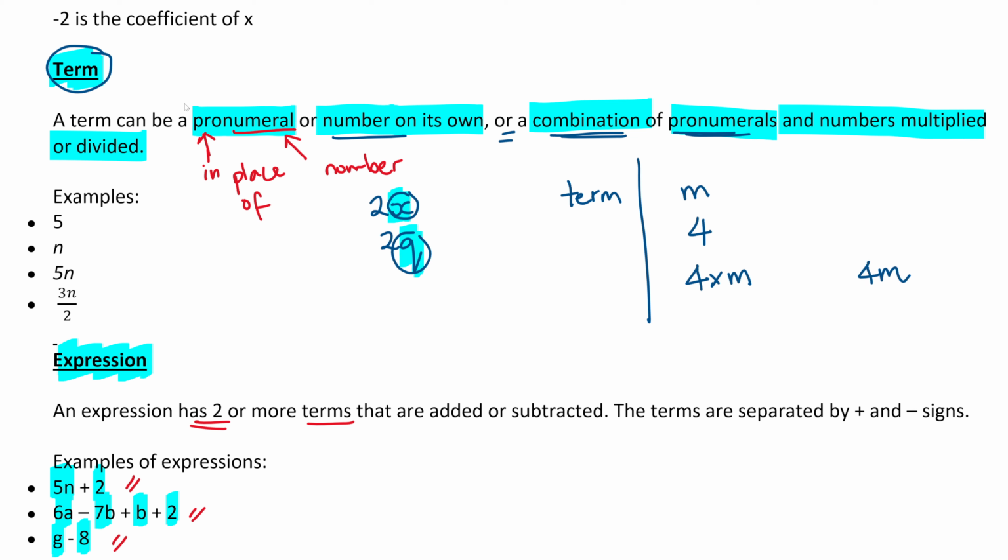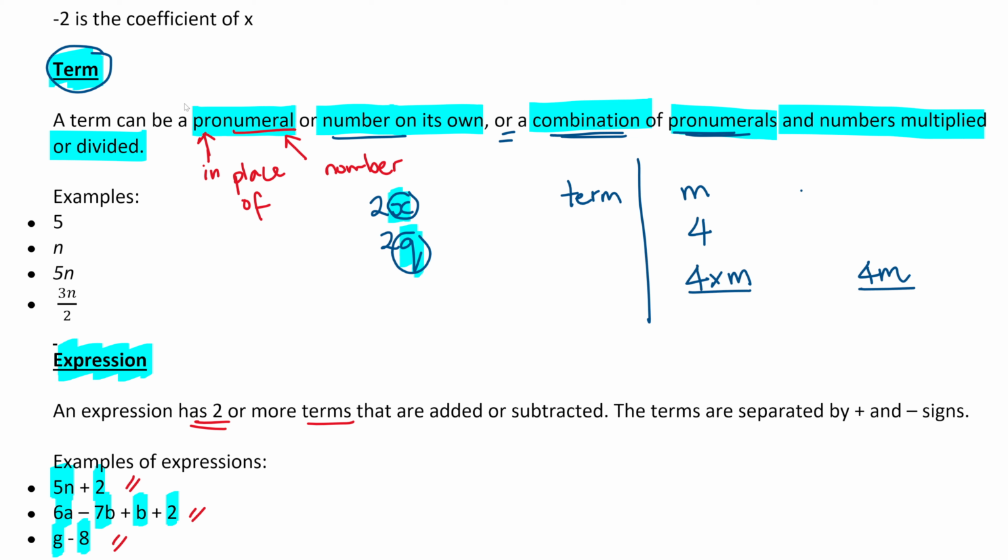In algebra, we like to shortcut things. That's why there's algebra, because we don't want to write a whole sentence with English words. We can shortcut that by just using numbers and letters. So 4 times m is just the same as 4m.